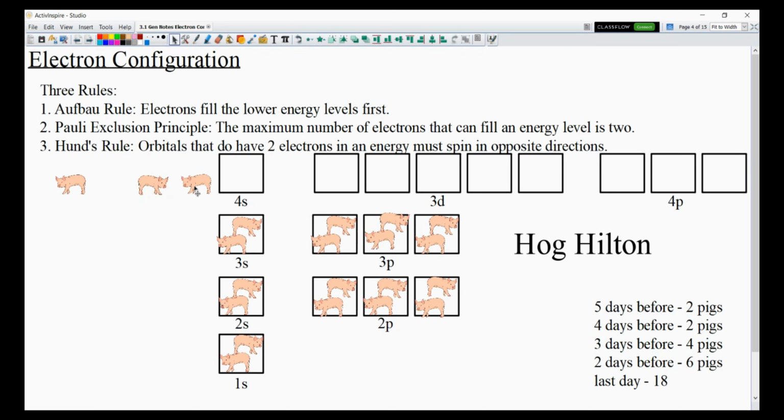So we're going to have to go up. 6. And before we walk down this long hallway, this pig's going to share. So that's 7. Okay, now 8, 9, because they're going to share this room. Not share the room. 10, 11, 12.